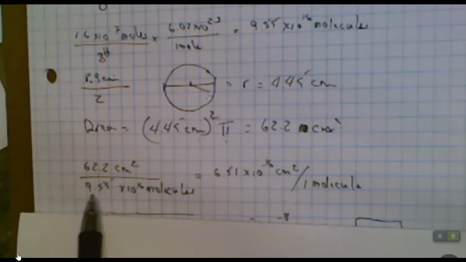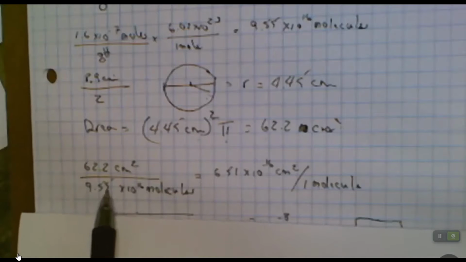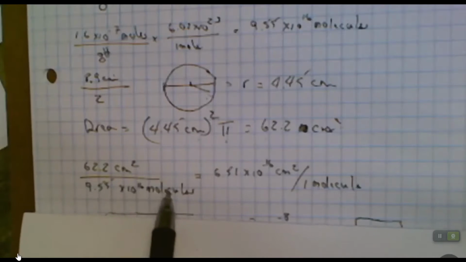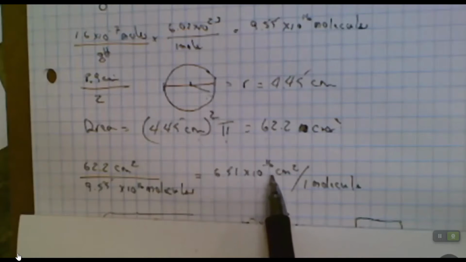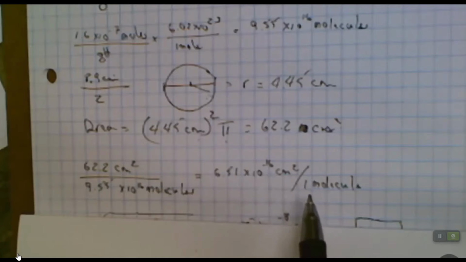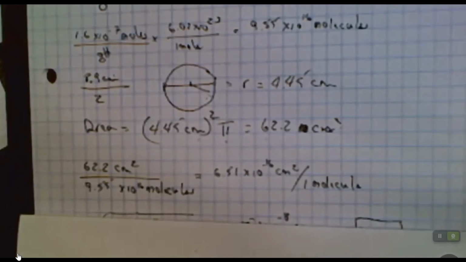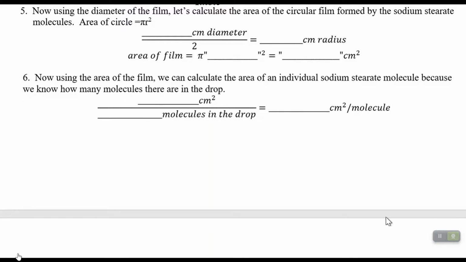Divide that by the number of molecules in the drop, 9.55 times 10 to the 16 molecules, and that will get me the area for each individual molecule, 6.51 times 10 to the negative 16 centimeters squared per one molecule. And that number we put right there. So in my case, I put 6.51 times 10 to the negative 16 centimeters squared per molecule.